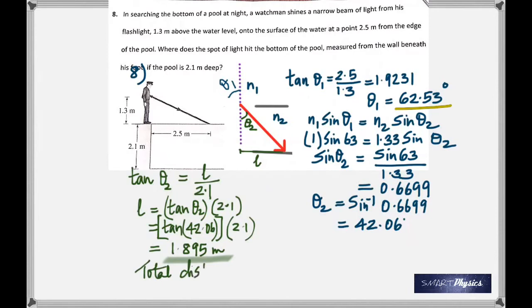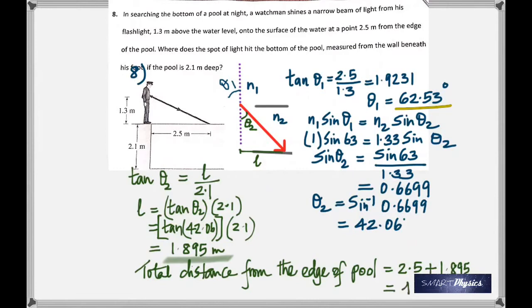So you've got to add the two distances now to get the total distance on the edge, which is 2.5 plus 1.895.